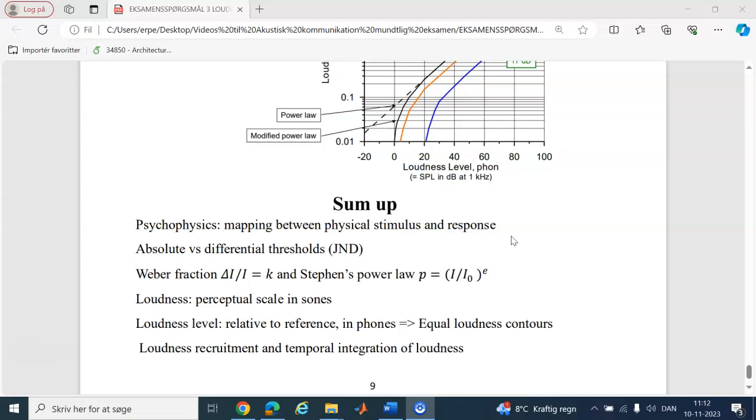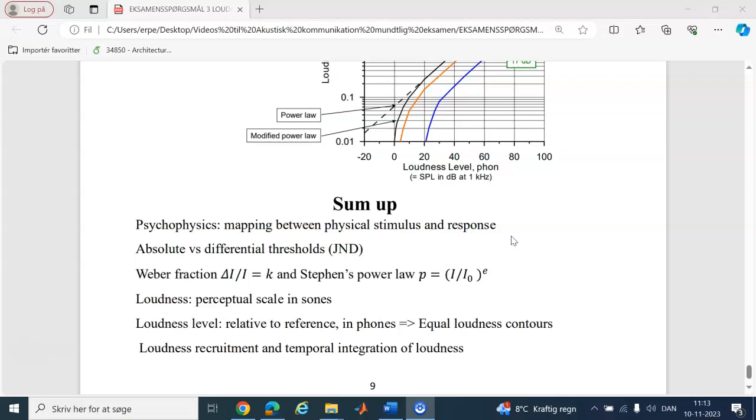Then we have the Weber fraction, delta I divided by I, the intensity, is a constant, and Stevens' power law: the perception P is a power function of I divided by I0 raised to E, where E can be, for instance, 0.3.